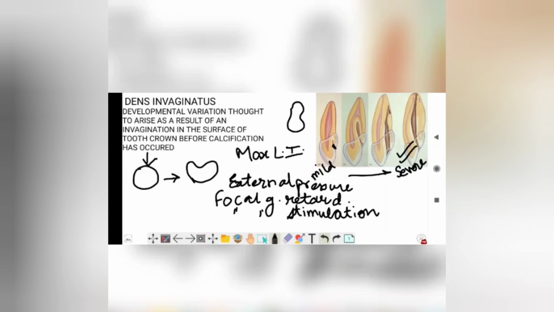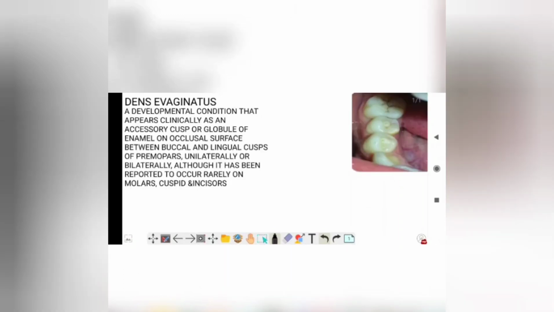And dens invaginatus is simply an accentuation in the development of the lingual pit. So we have already seen what dens invaginatus is.